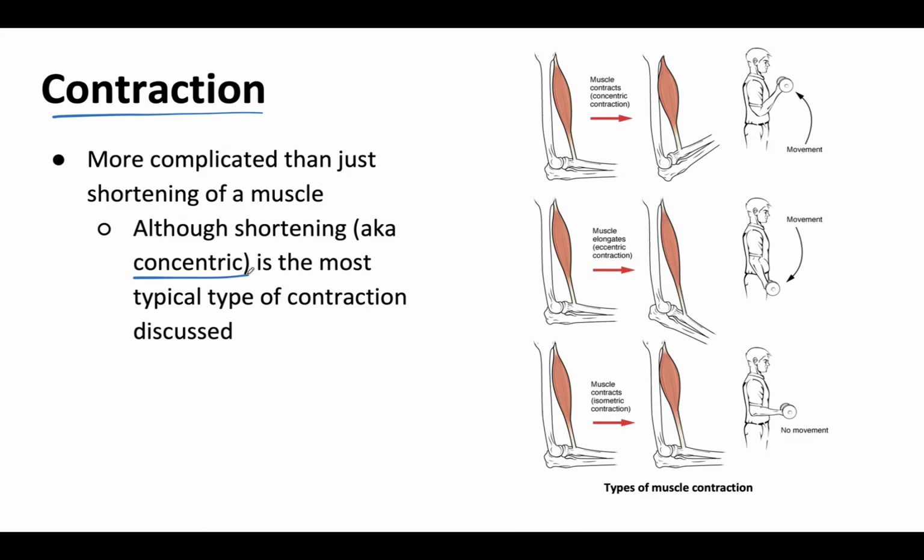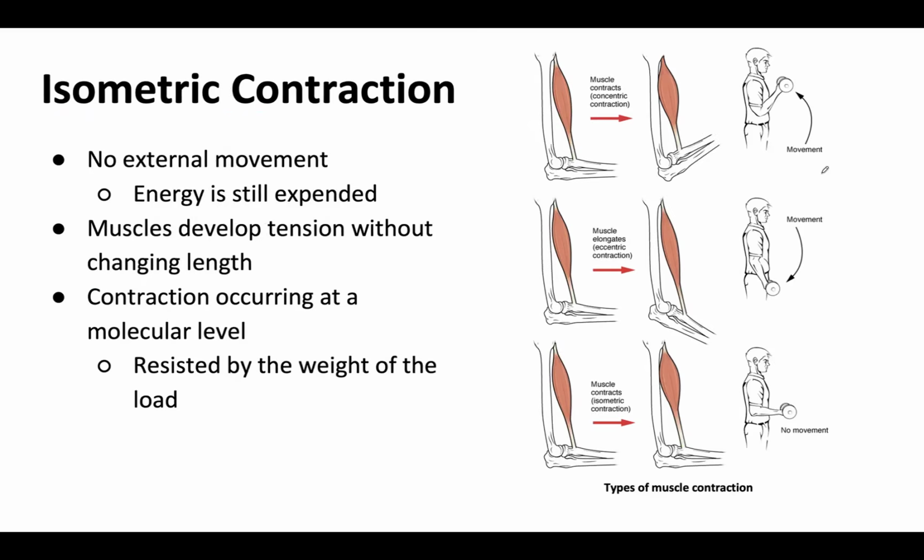It's really important to note that contraction can also mean the muscle is producing internal tension, while an external resistance causes it to stay the same length, or it can even become longer. So again, it's just much more complicated than just that general shortening that we think about.